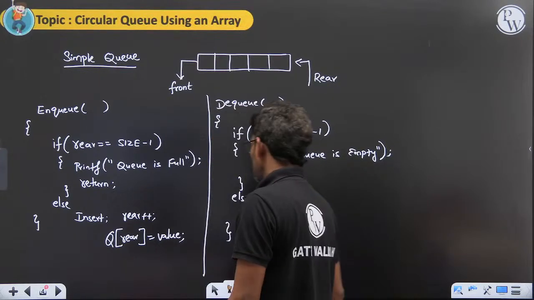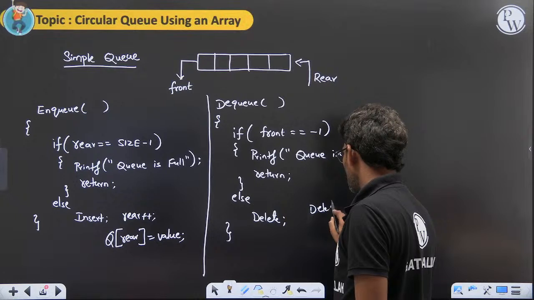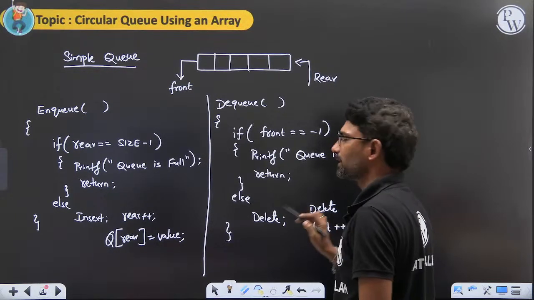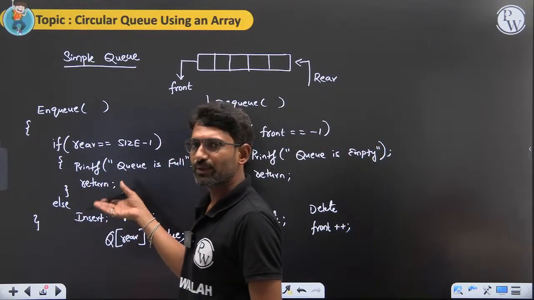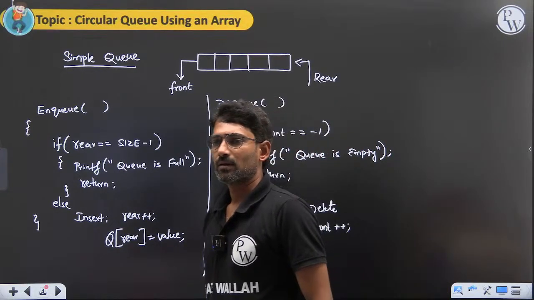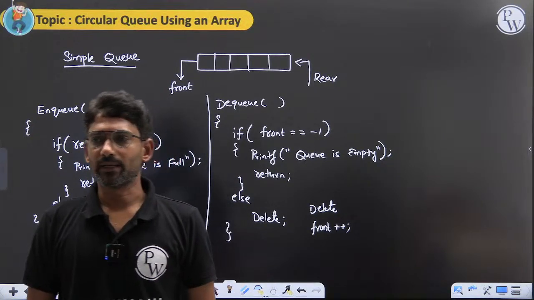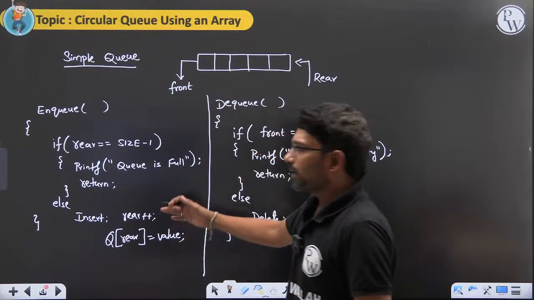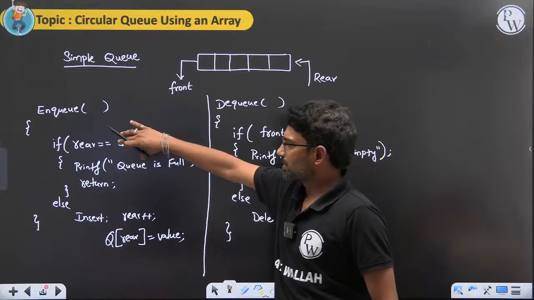Similarly, in dequeue, first you delete and then you increment front. After deletion, you increment front. Here, before insertion, you increment rear. As per the implementation we have taken, this is what we check.